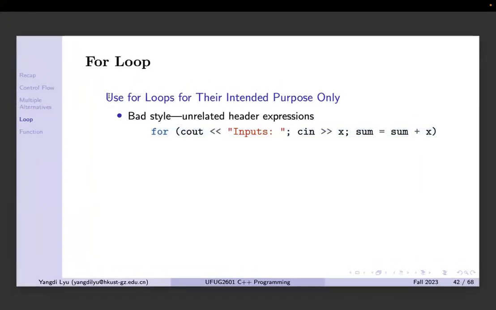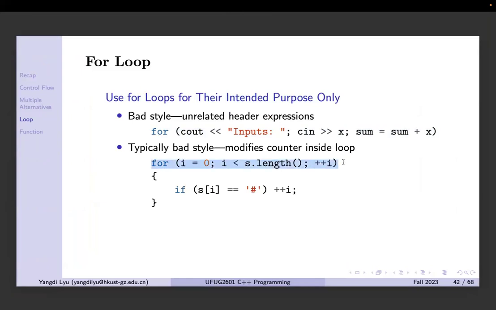So we said use for loops only for their intended purpose. What's the intended purpose? This is a good example, right? Initialization i, i less than some bound, plus plus i. This is a very common way to write a for loop. It's a very good way to write it. You can skip the content for now. This means a string comparison. It's a string, right?